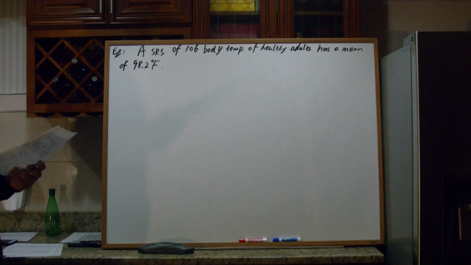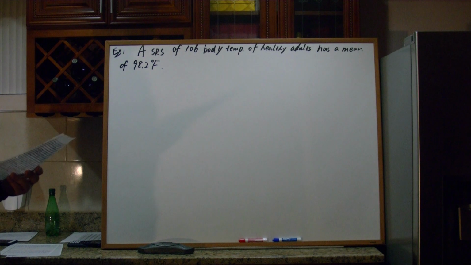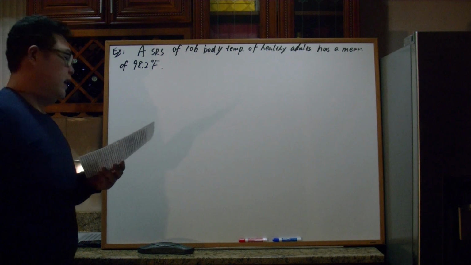This one looks pretty familiar already. A simple random sample of 106 body temperatures of healthy adults has a mean of 98.2 degrees Fahrenheit. I believe we had seen a similar question in the last chapter.